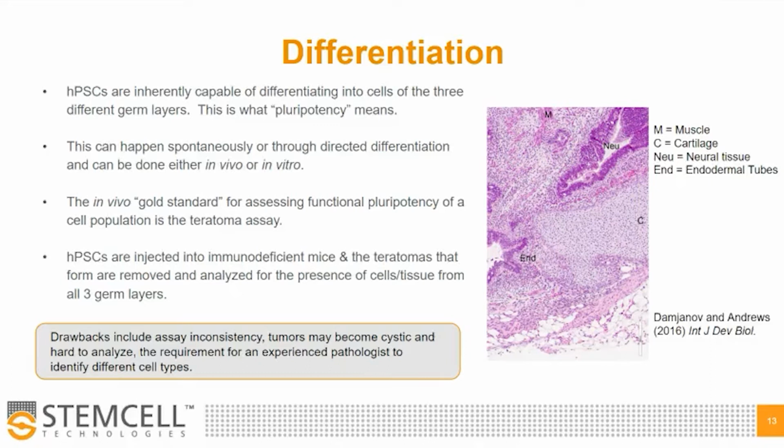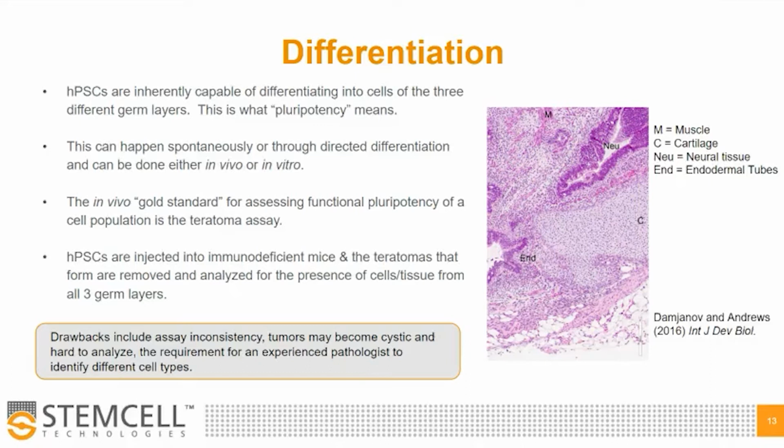The in vivo gold standard for assessing functional pluripotency of a cell population is the teratoma assay. Here, hPSCs are injected into immunodeficient mice, and the teratomas that form are removed and analyzed for the presence of cells or tissue from all three germ layers.